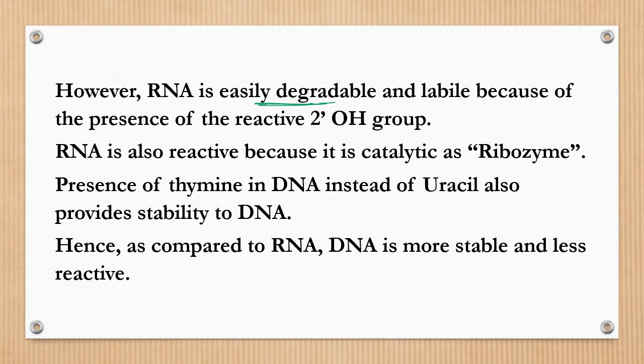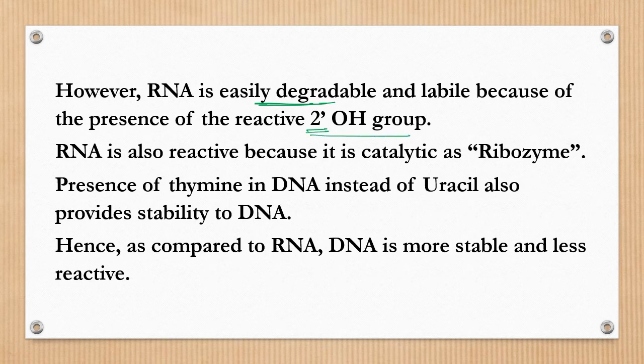When heat killed, DNA is not destroyed. Even if it is separated, when suitable conditions are there, it reforms. But RNA is degradable. Why? Because of the presence of a reactive hydroxyl group on the second position.